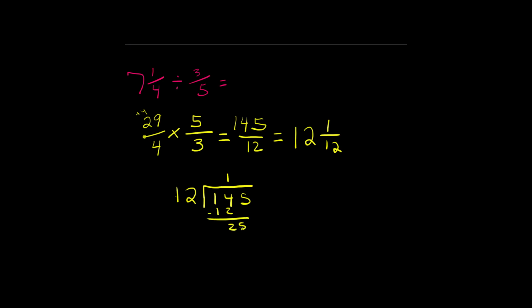Subtract, bring down. How many 12s can go into 25? 2, 24. Subtract. Remainder 1. Either way, you can do that in your head, or as a little miniature division problem. Your final answer for this one is 12 and 1/12.